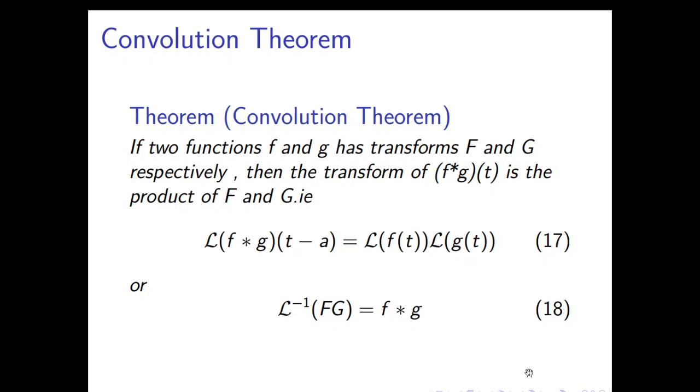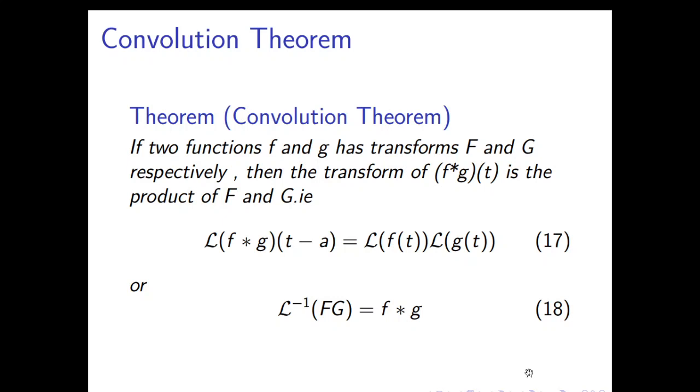So we already discussed that Laplace transform of sum of two functions is equal to sum of Laplace transforms. Laplace transform is a linear transformation. But when we discuss product of two functions, this is the result which we have.